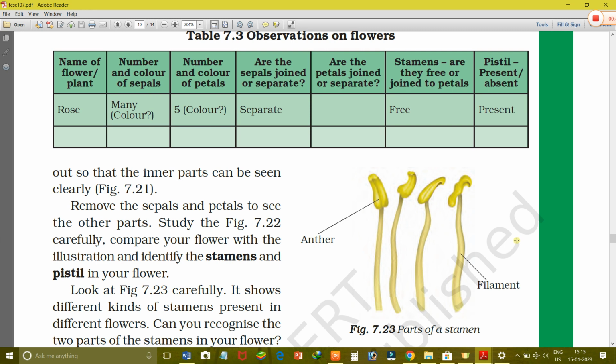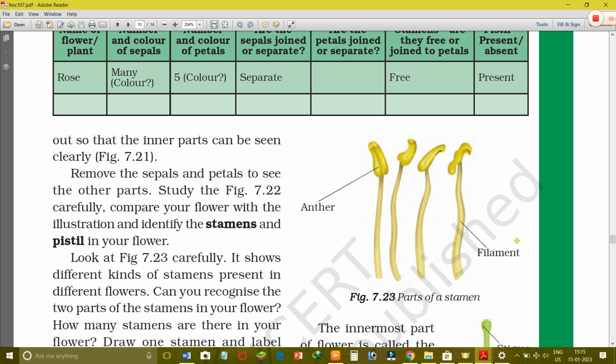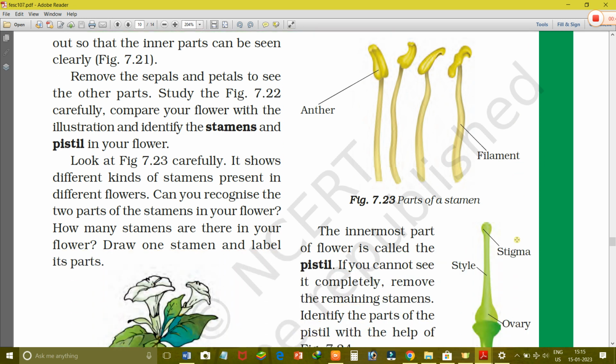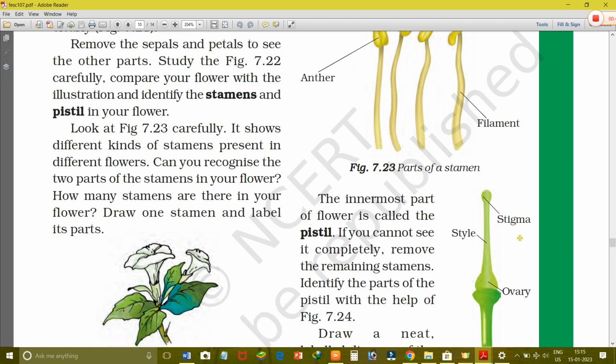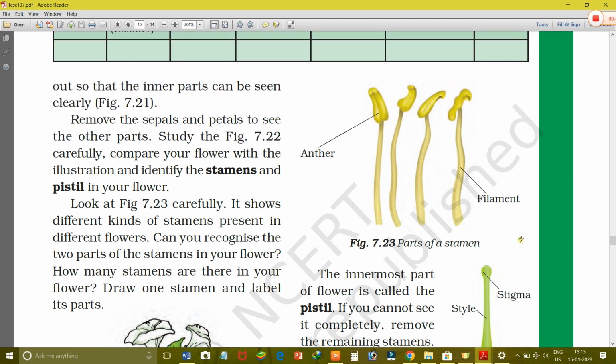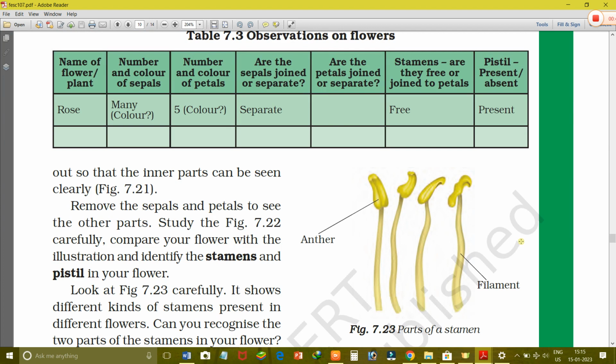Study the figure carefully to compare the flower with the illustration and identify stamens and petals. Look at figure 7.23 carefully.